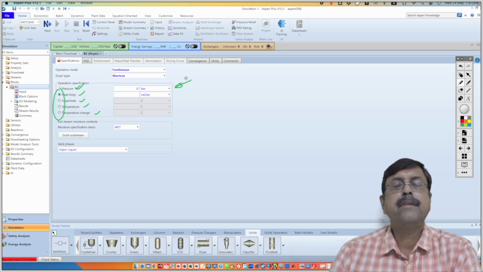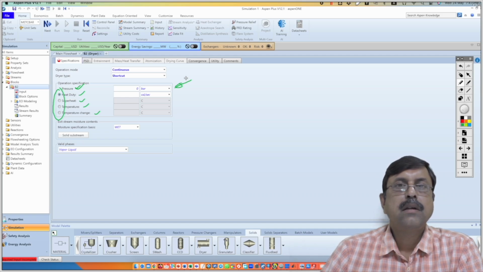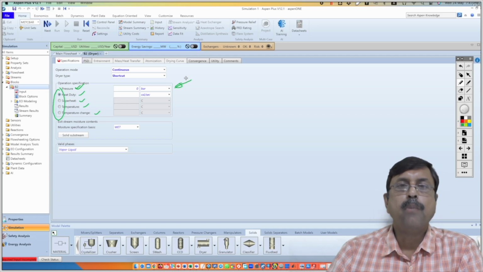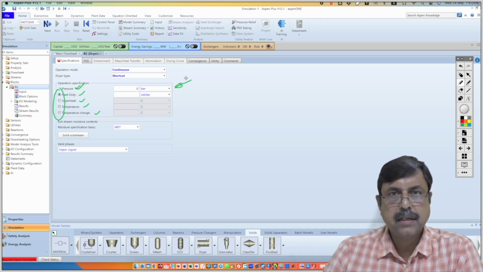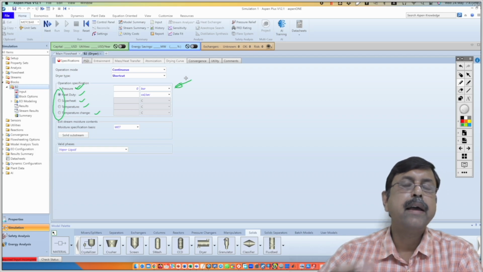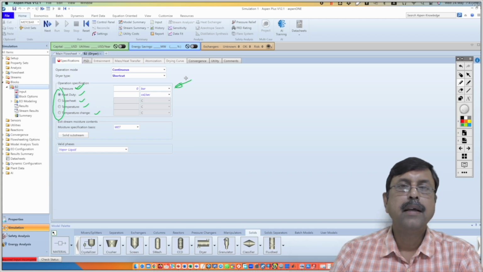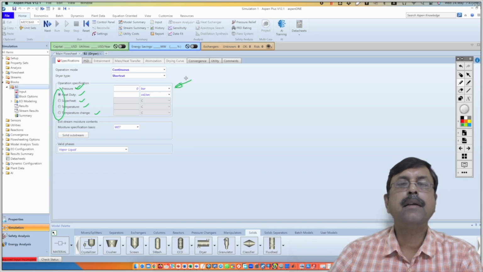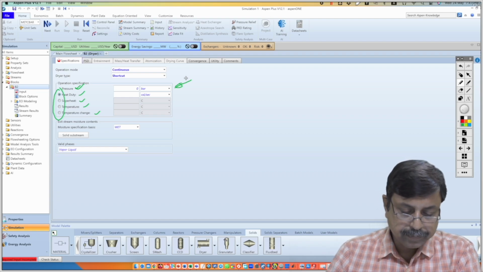Heat duty, you can say that I am feeding in 50 kilowatt of heat to knock off the moisture that is there in the wet solid. So you have to give that input. Or you can say that I want the exit temperature of the system to be such, okay, then the system will calculate with an exit temperature of the value you have specified.